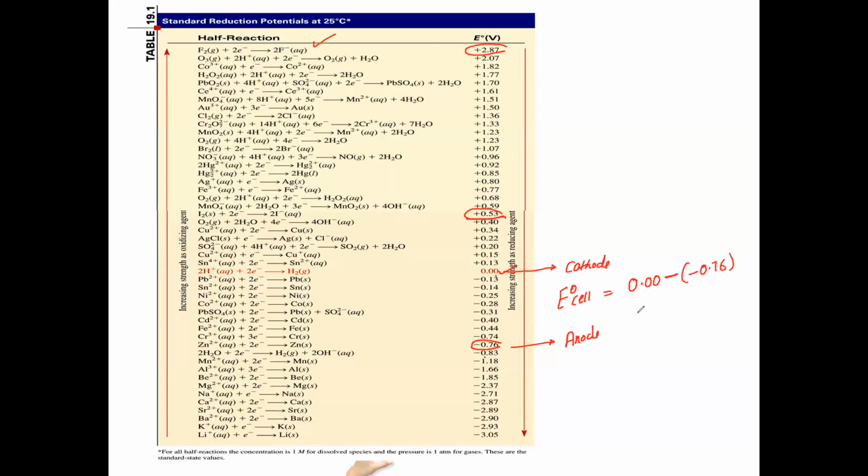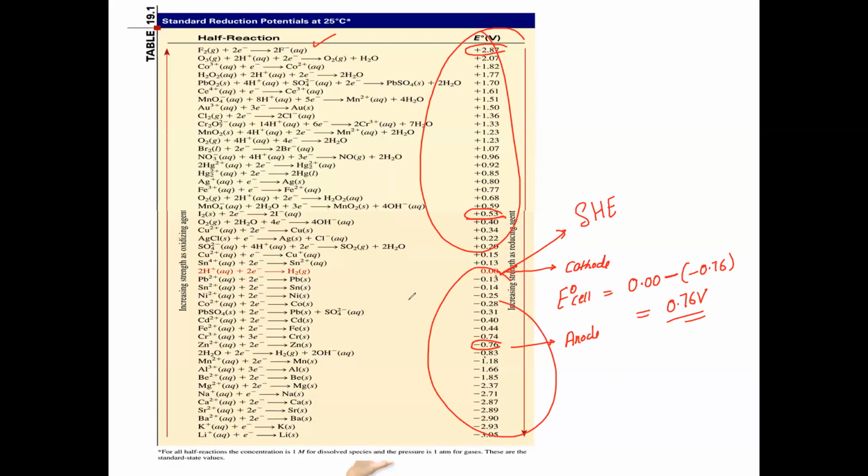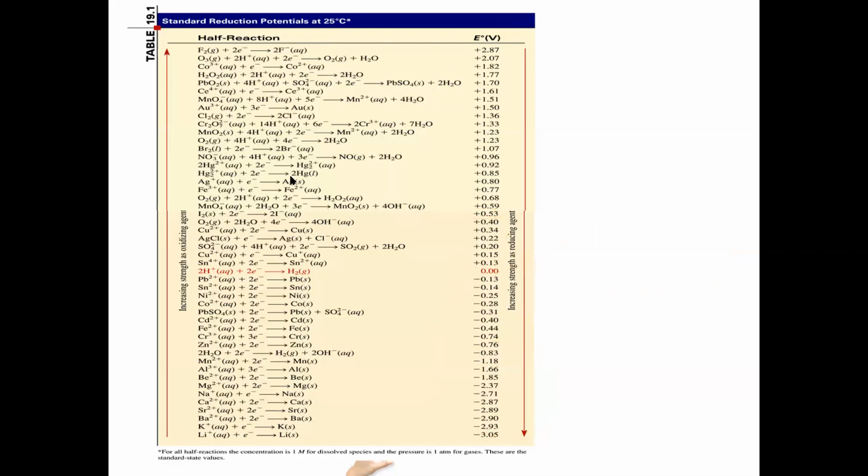Cell potential will be still 0.76 volt. Still the same. So are you understanding how this SHE, standard hydrogen electrode, is used to calculate all these potentials? So you're combining your SHE with different half reactions.